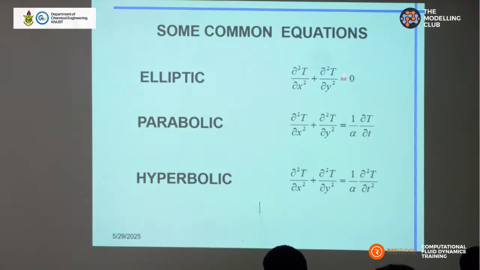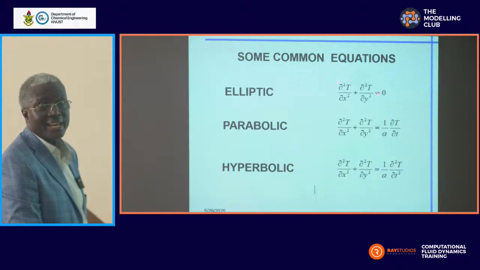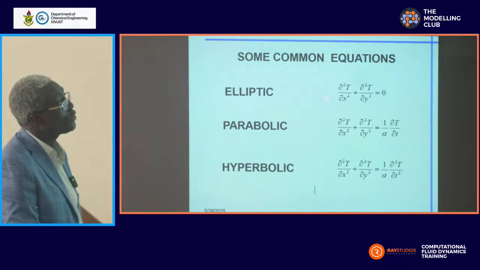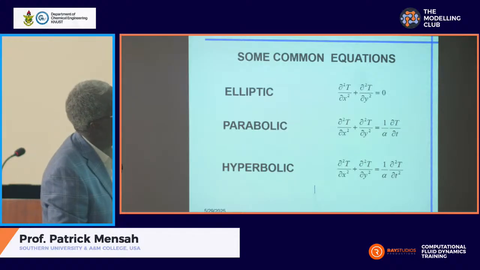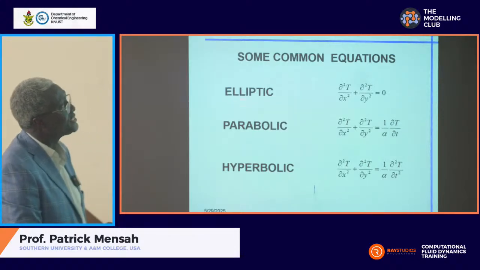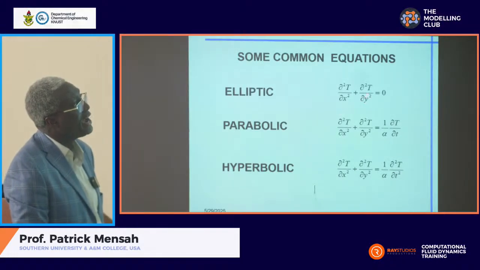You may have seen this a lot in your differential equation class, okay? This is called the Laplace equation. The Laplace equation is nothing but what we also classify as an elliptic equation, okay? It is the two-dimensional, second-order equation in terms of x and y of the temperature.